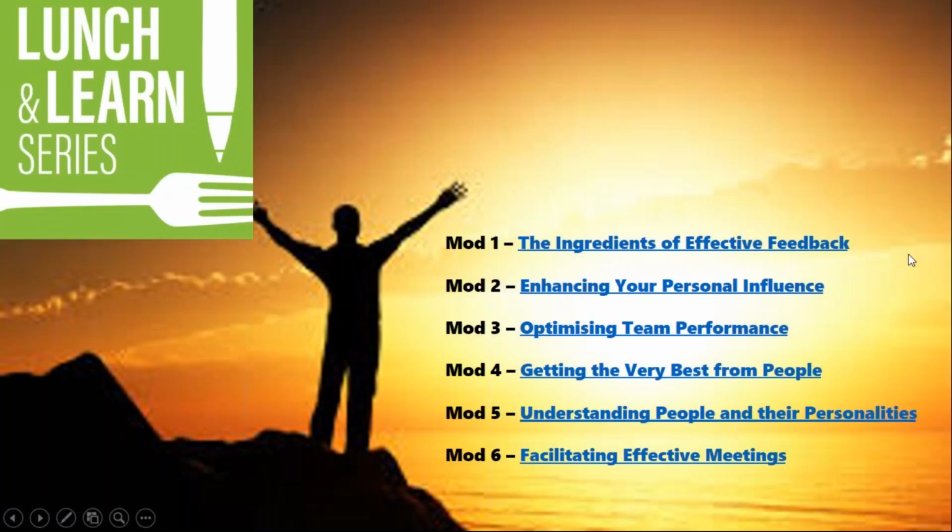There's the 6 modules that we have either covered or will cover over the next several weeks. And just going back, you'll recall we looked at the ingredients of effective feedback. So I'm hoping you're still continuing to do that wherever possible in your workplace, particularly positive feedback. And we did the influencing capabilities profile, and the last session was really about improving influence.